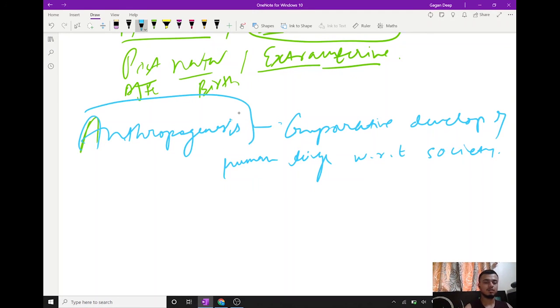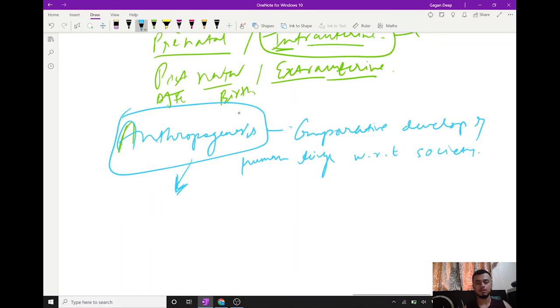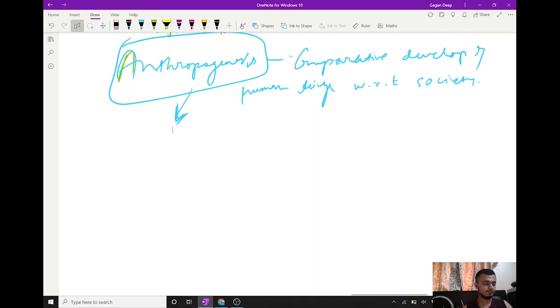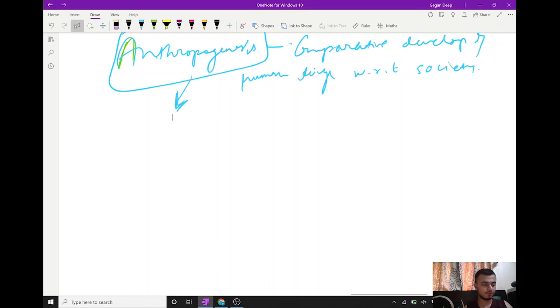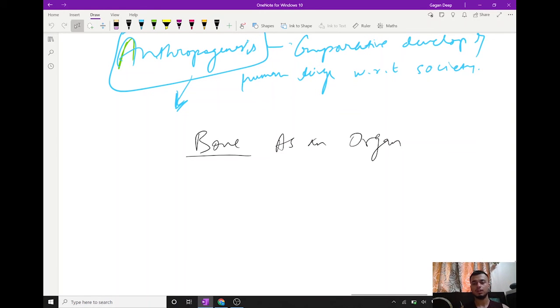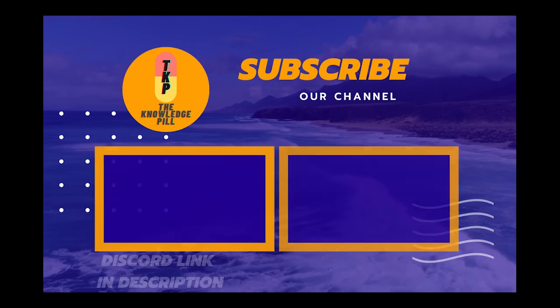But this part does not come under anatomy. This is more of an evolutionary development. So we have covered the basics of osteosyndesmology, and now we can talk of bone as an organ. We'll be covering bone as an organ in the next video.